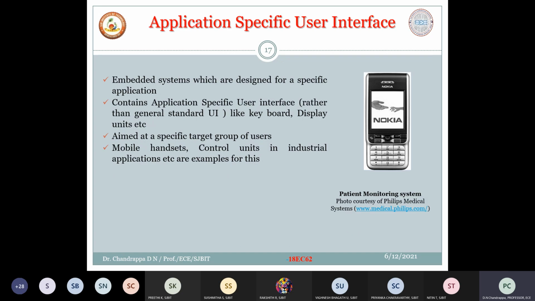After these control units, we have application specific user interfaces. One good example of an application specific user interface is the cell phone. The cell phone is designed only for a specific purpose, but along with this, some more parameters are included. What are those?